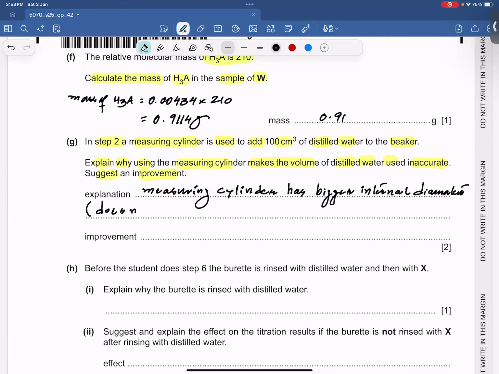That means it does not have high resolution. Improvement: use a burette to measure 100 cm cube of distilled water twice.